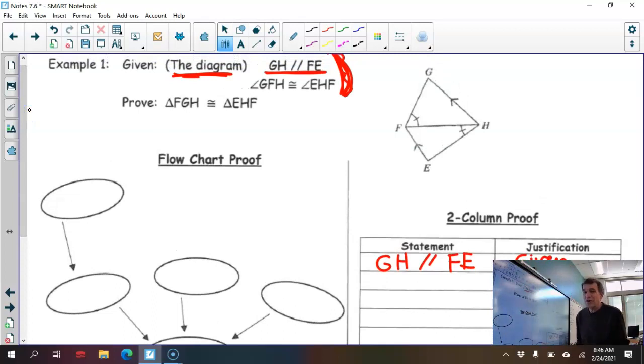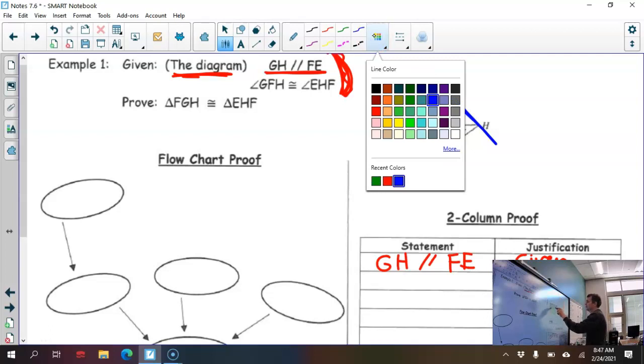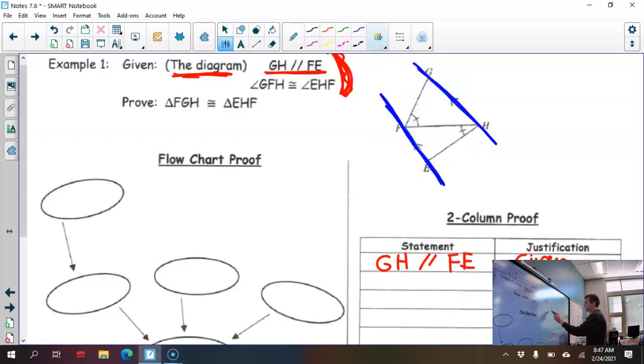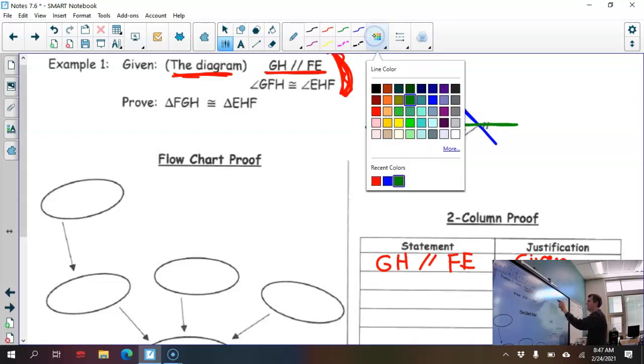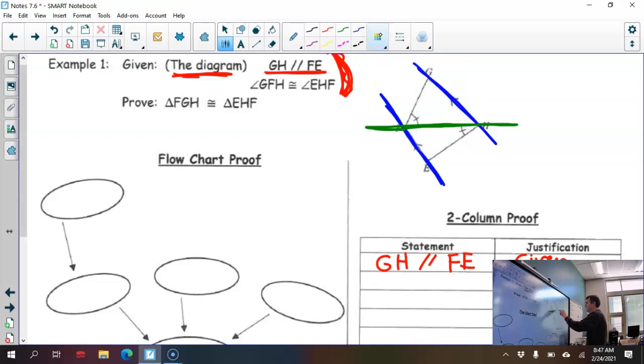So I want to focus, you guys should not do what I'm doing here. You should not draw it, but just watch. I want to focus on these two parallel lines and the transversal. And I want you to look at a couple angles here. Let's look at this angle and this angle.